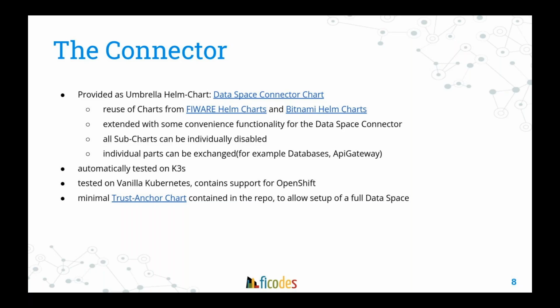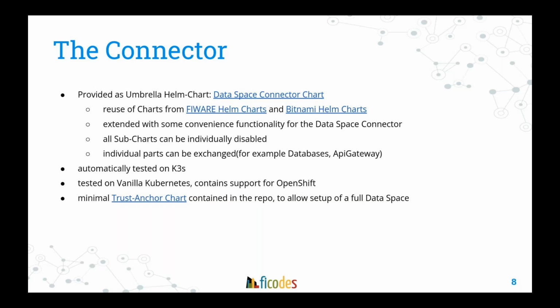We decided to use all the charts from that repository because it makes it easier from a configurational standpoint. They all follow the same principles. They are all well maintained, and so it makes it easier in the end to understand the configuration of the data space connector and its subcharts. We just use those two Helm repositories instead of using, for example, individual charts for each open source component.